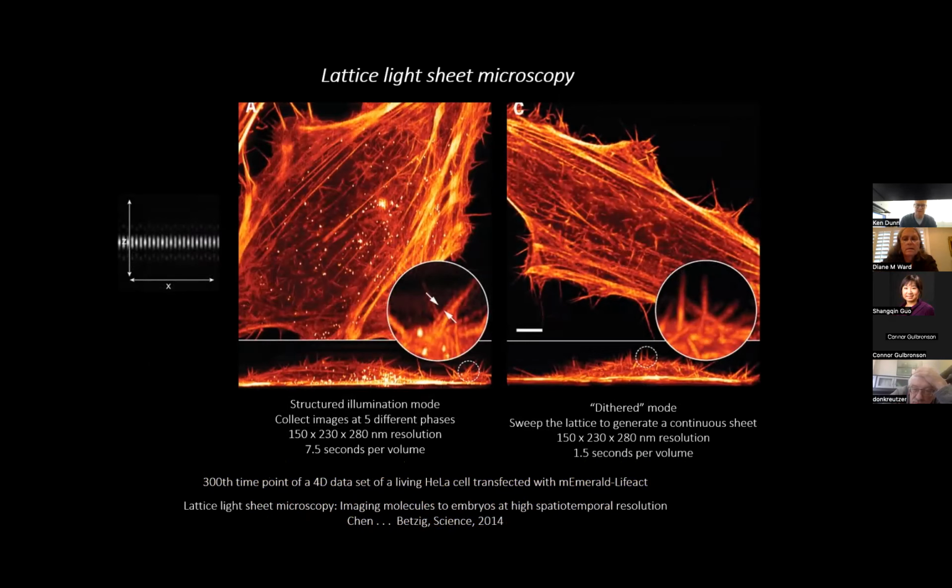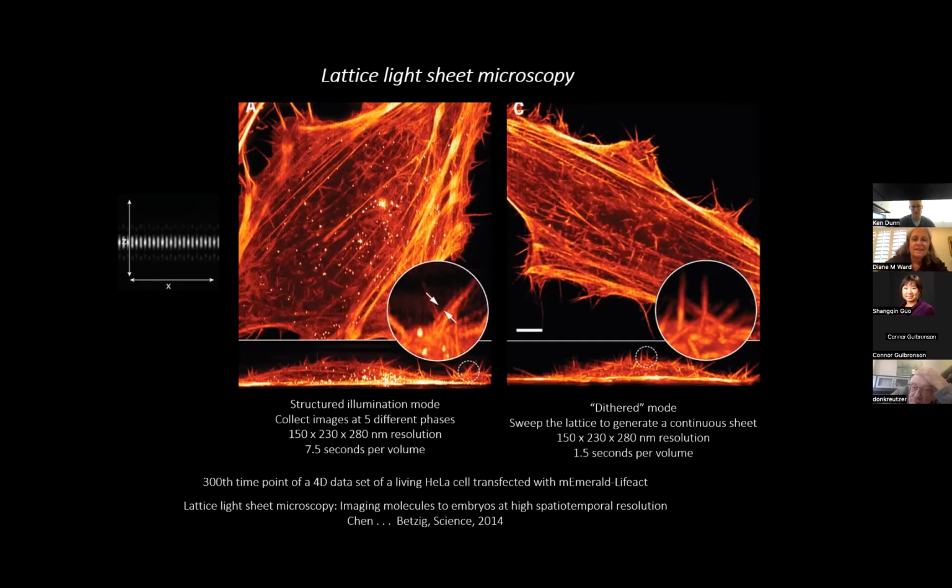I can't explain structured illumination microscopy right now, but basically you use that in a structured illumination microscopy mode to get super resolution. Super resolution, meaning 150 by 230 by 280 nanometer resolution. And you can collect images at 7.5 seconds per 3D volume. I'm not sure how thick these volumes are.